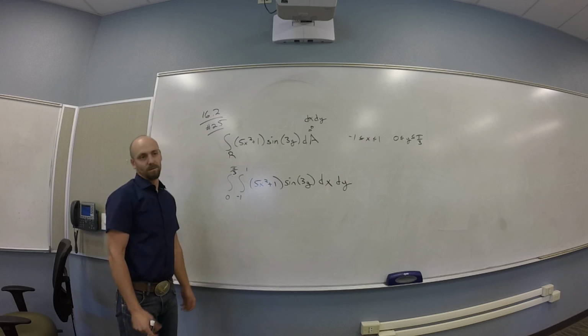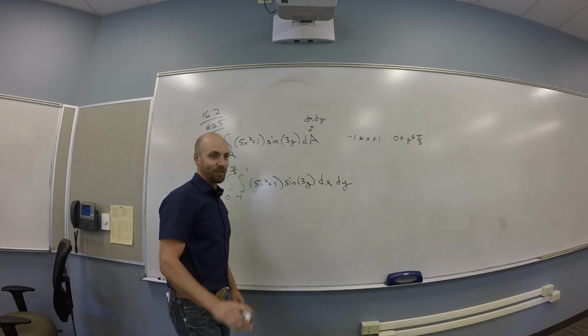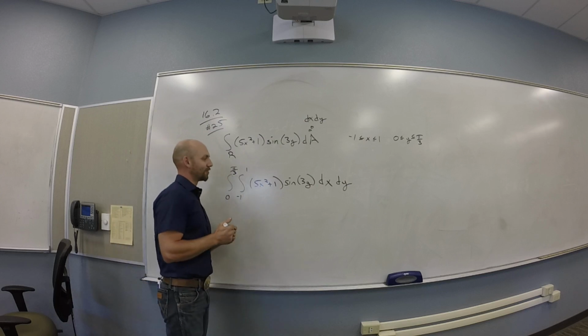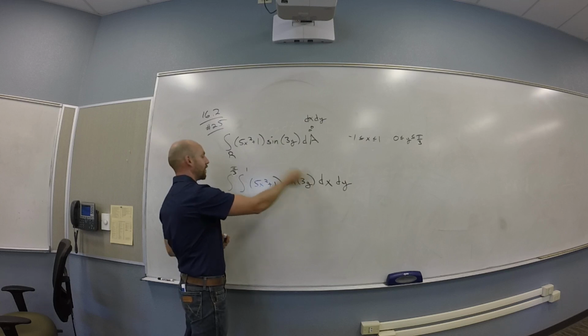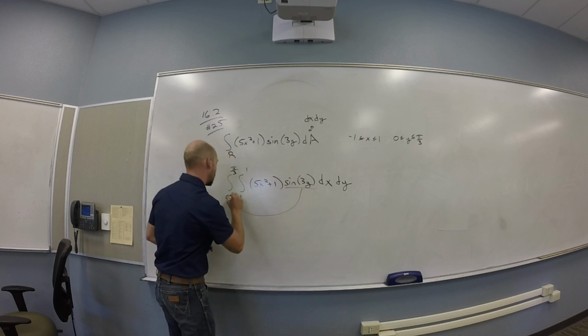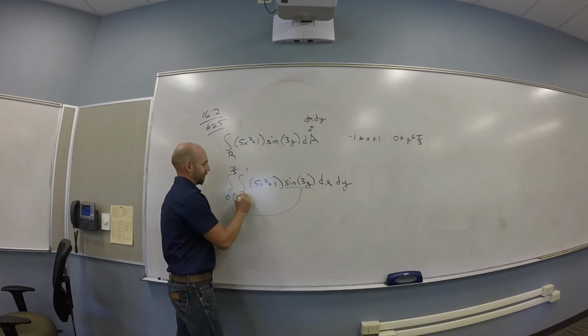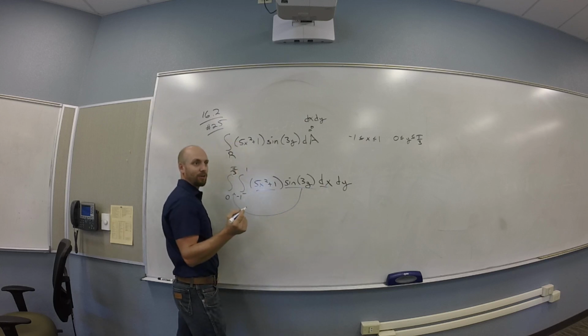Okay. And then I should apply the double integral trick. So the double integral trick says this part is constant with respect to y. So I'll factor that out here. So this is going to come out here. And then everything that's left, this, and this, is constant with respect to y.